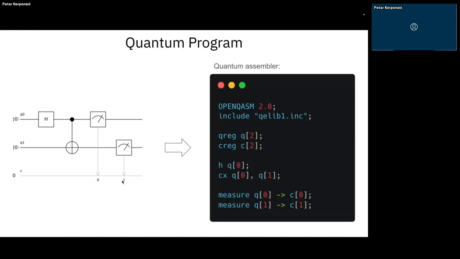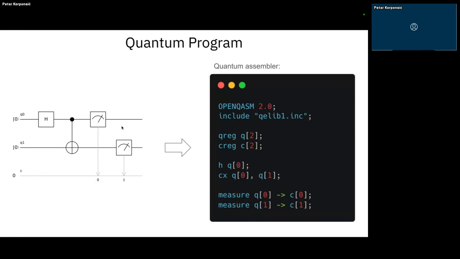This is only index of a bit, which bit will receive the outcome. So after executing this program, this classical register will have value of 2 classical bits, which will be both 0 or both 1.